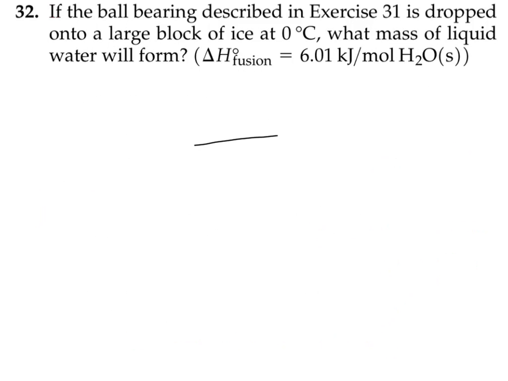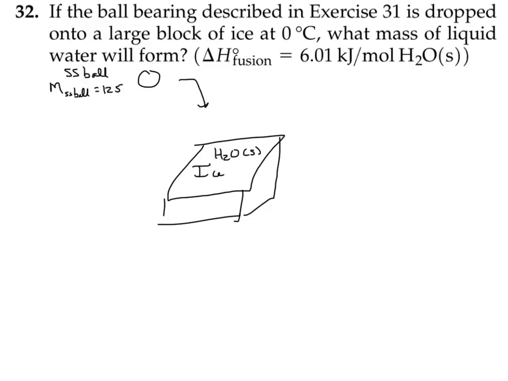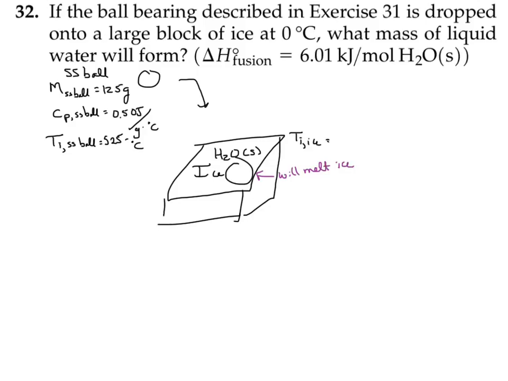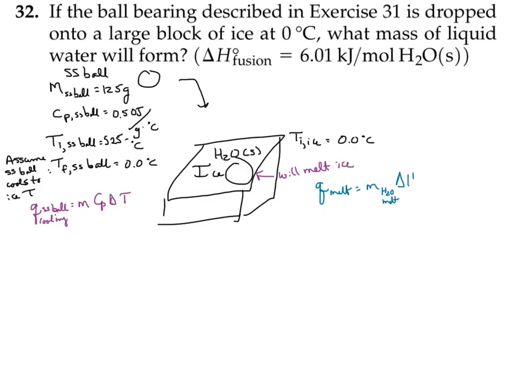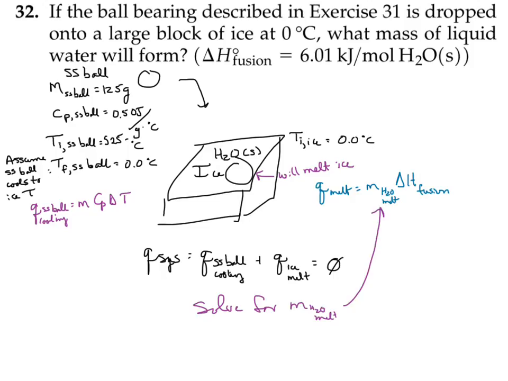The last one looks like this. Oh, it's a classic. You have a hot ball bearing, a stainless steel ball, mass is given, specific heat is given, the initial temperature, and you're going to rest it on a chunk of ice. Assume the final temperature of the stainless steel ball will be the freezing point of water, which is 0.